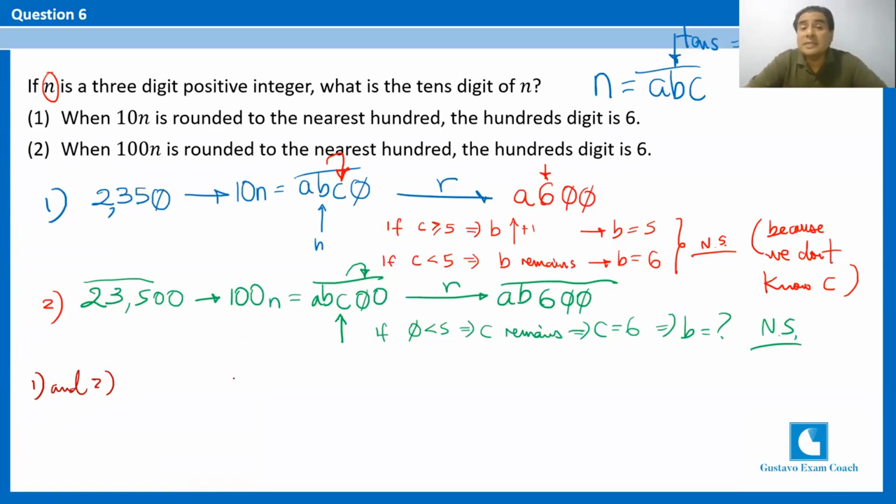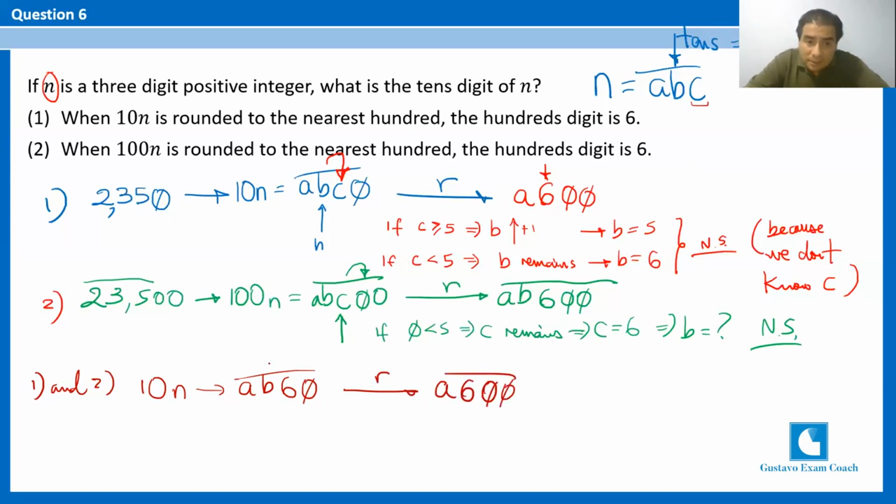So we know that the C digit, the units digit of n, was already 6. Then the number 10 times n would have been AB60, right?